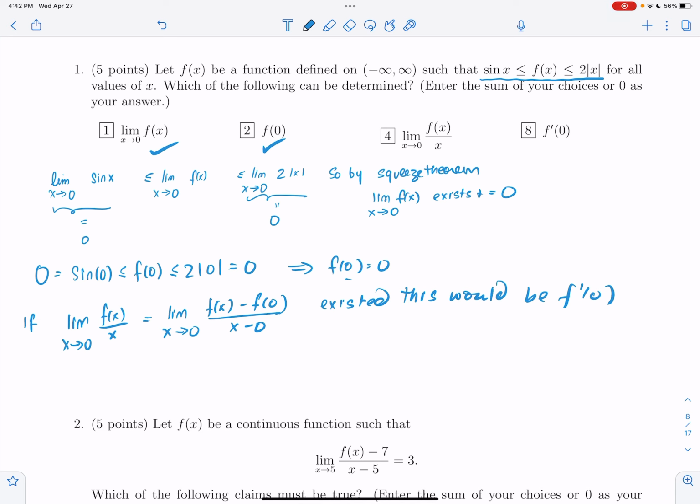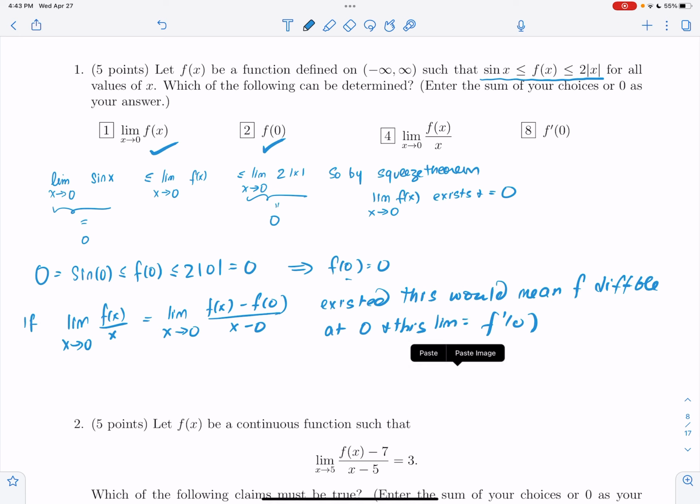It would mean that f is differentiable at 0 and this limit equals f prime of 0. Okay, all right, so just something to notice that that's what this is since f of 0 is 0, which we know from having looked at this over here.